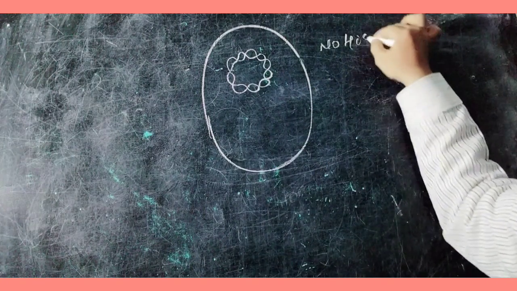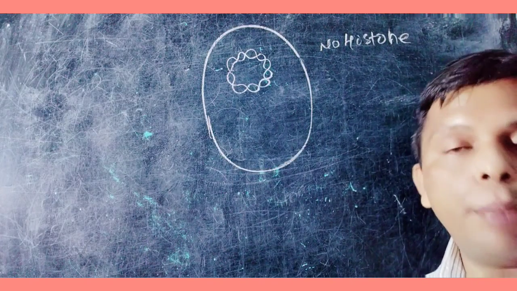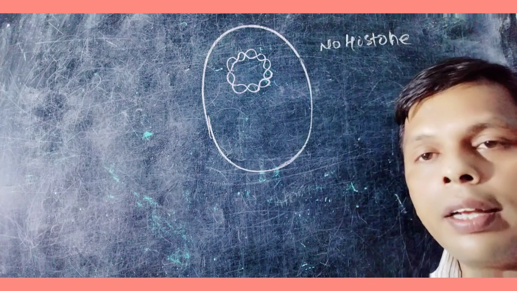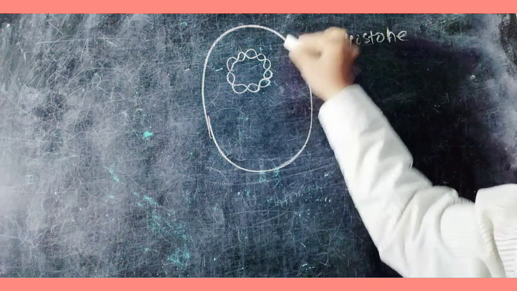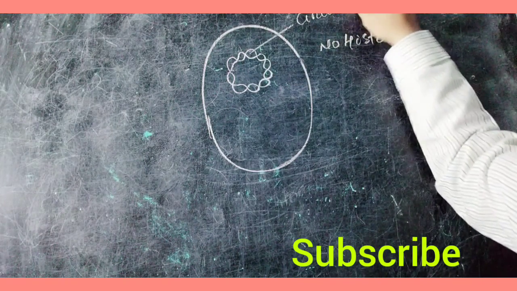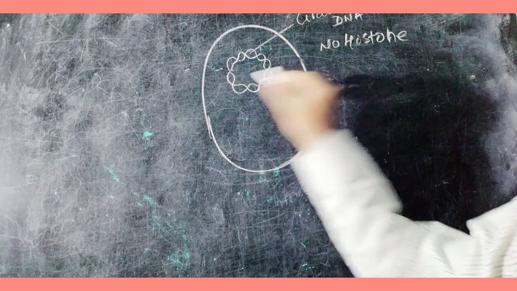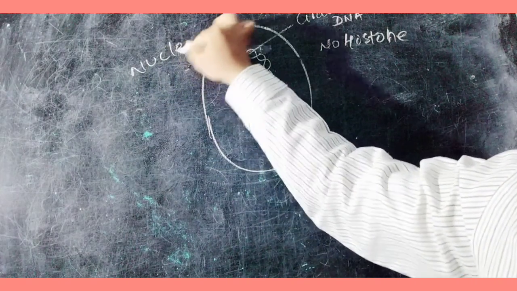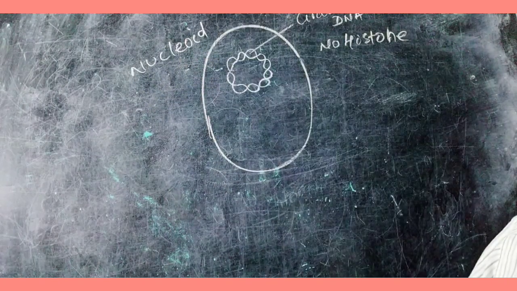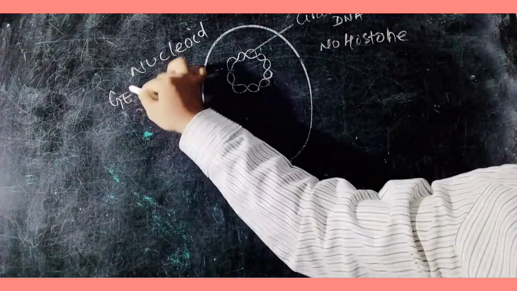There is no histone in it. There is no boundary around the genetic material because membrane bound organelles are absent. This circular DNA or chromosome forms the genetic material. This genetic material is otherwise called nucleoid, and the region where it is present is called genophore.